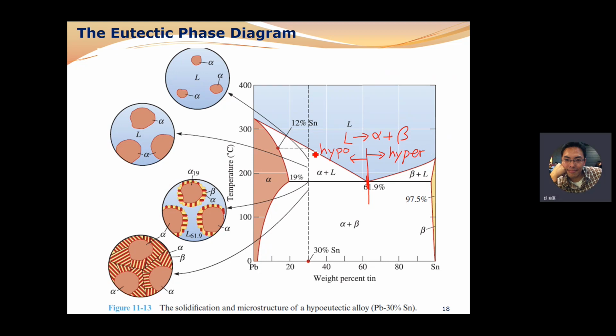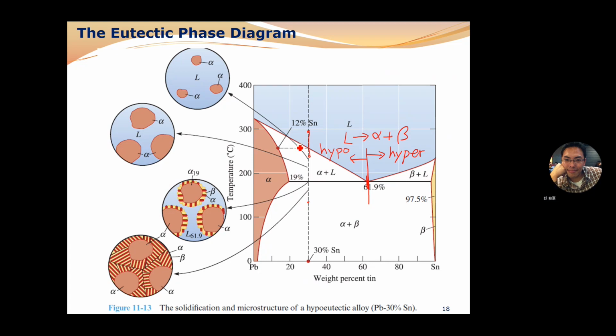Okay, and when we heat up to say 300 Celsius, and we keep cooling down, and finally we'll get the layer structure with the core of alpha solid solution.